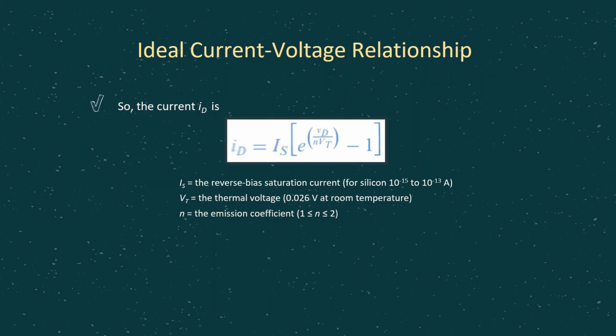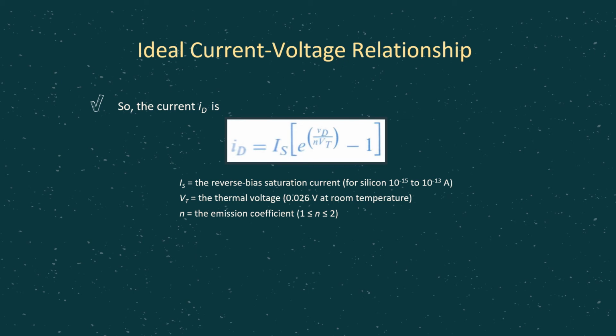From there we can get the ideal current-voltage relationship, which is given by this formula, where ID is the diode current. Remember, when we are talking about PN junction, we are actually talking about a diode, the PN junction diode.